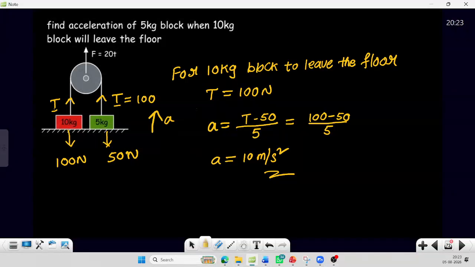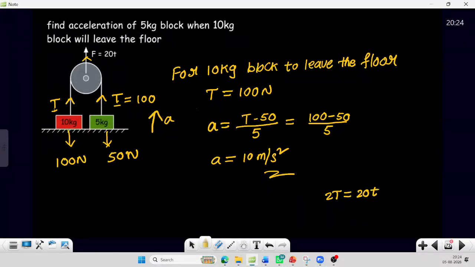In the same problem, if I ask at what time the 10 kg block will leave the floor, then what is the time? Here this is T, this is T, so we have 2T, which is equal to 20 into t.